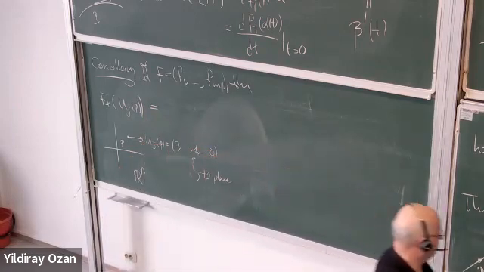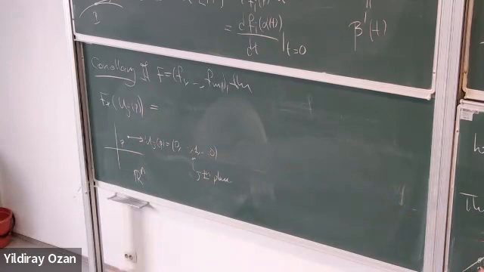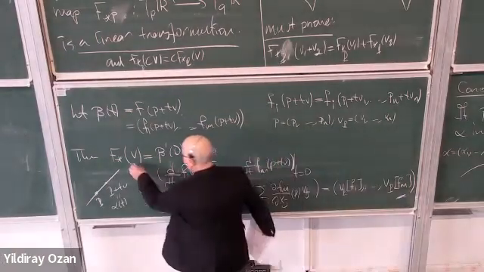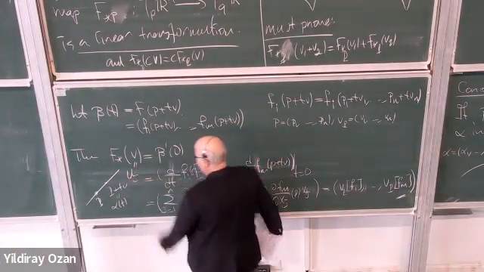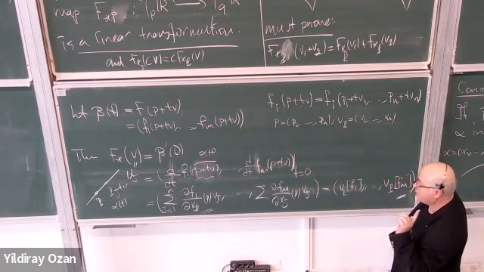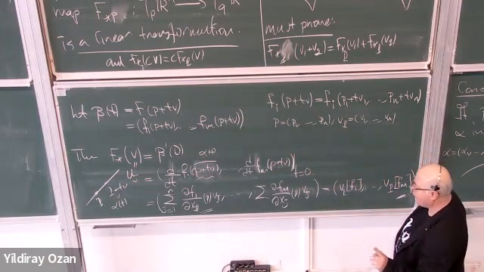Okay, F star is this, F star VP. Here, instead of this V, I write UJ. So what is UJ? All the coordinates are 0 except the jth one.